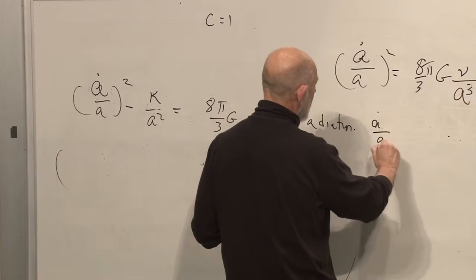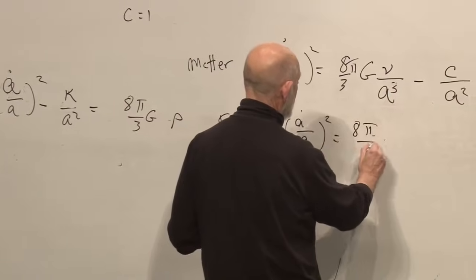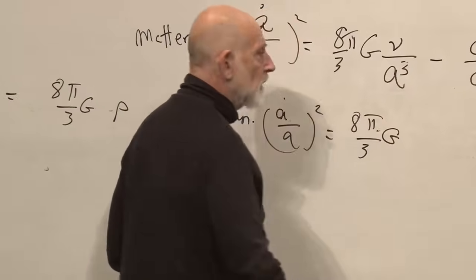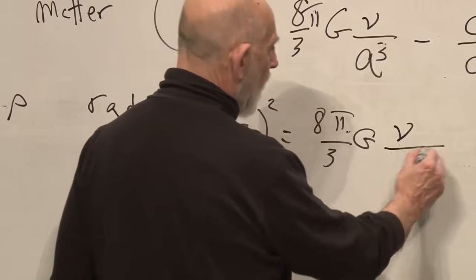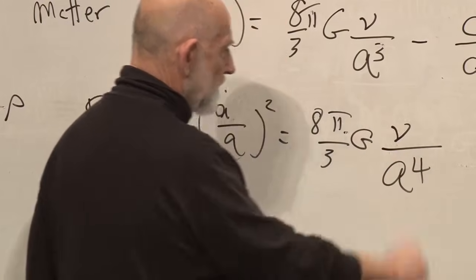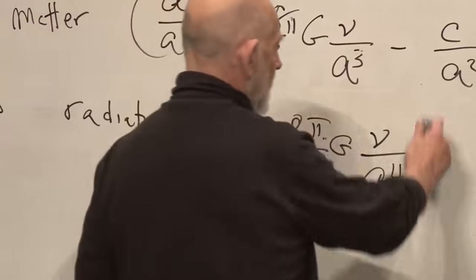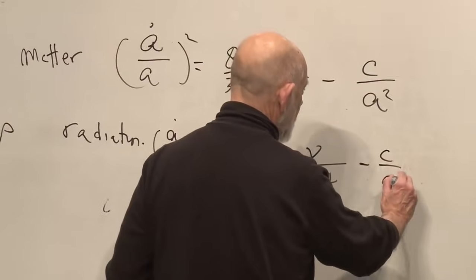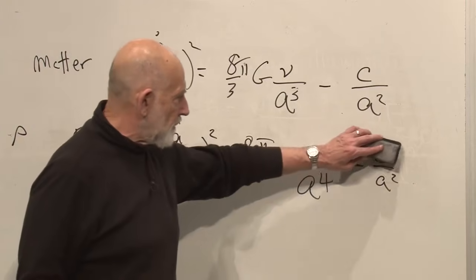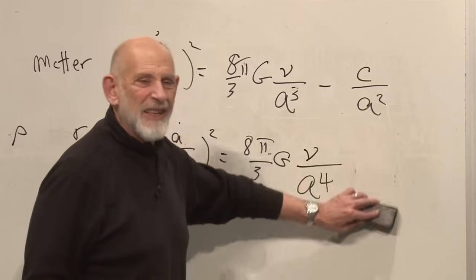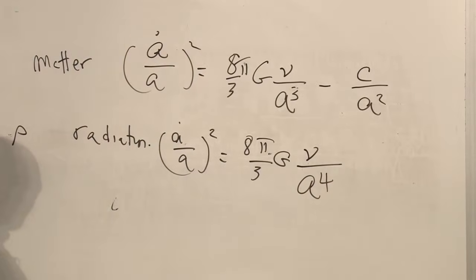A dot over A squared equals 8 pi over 3 G times some constant nu, and then A to the 4th downstairs. We can also put in the term minus C over A squared, but let's study the case that corresponded to 0 energy, just to see the difference.